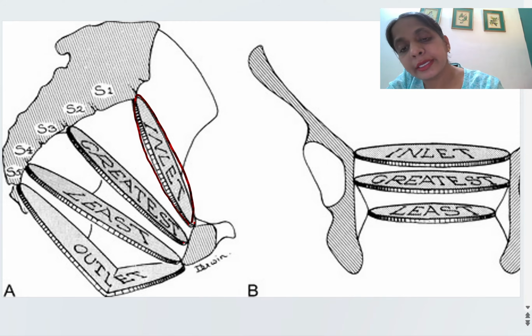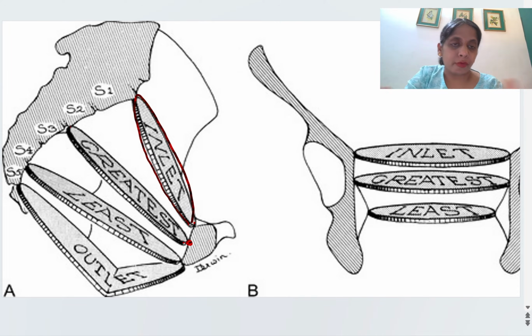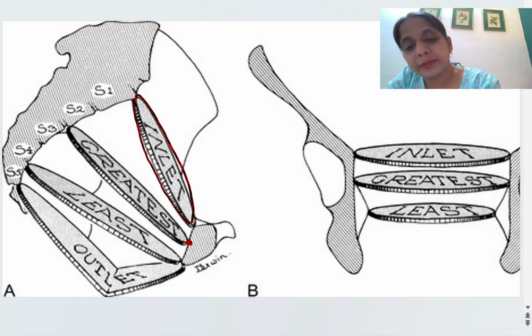This is the greatest pelvic dimension plane, which goes from S2 S3 to the mid part of the pubic symphysis. Here the pelvis is very roomy, and this is the plane of least pelvic dimension, from the lower part of the pubic symphysis to S4.